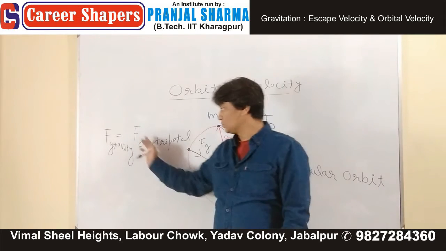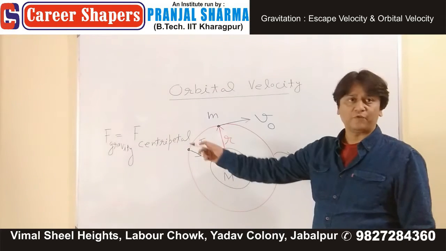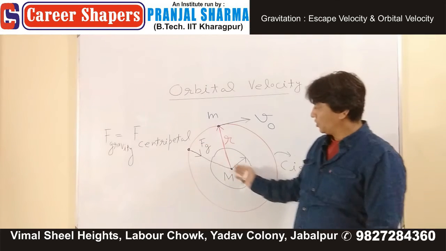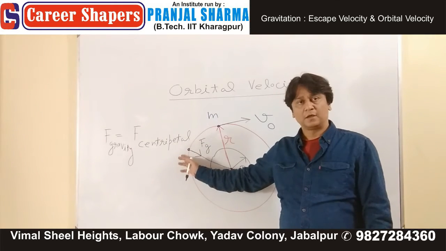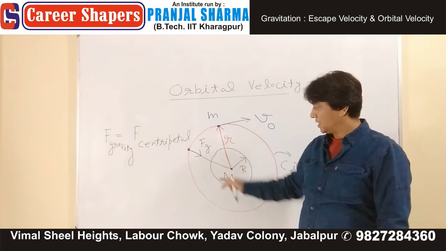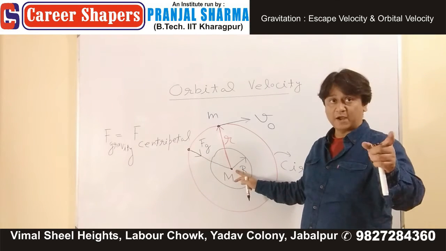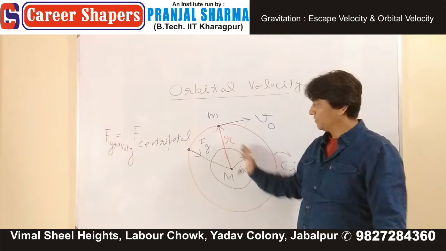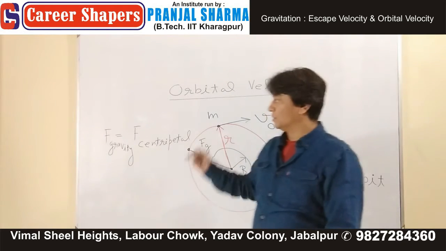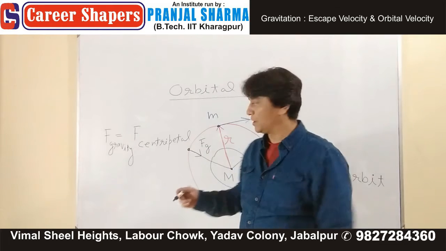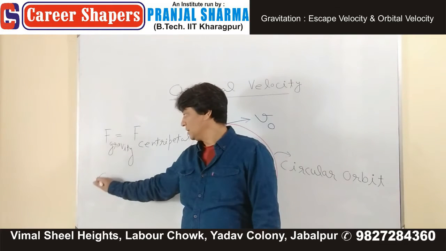F gravity is what? F centripetal. How do you find F gravity? Anything which is outside, if you want to find force on it, Earth should be kept at its center. Provided, remember again and again, if things are outside. And satellite definitely rotates outside only. So, what is force of gravity?